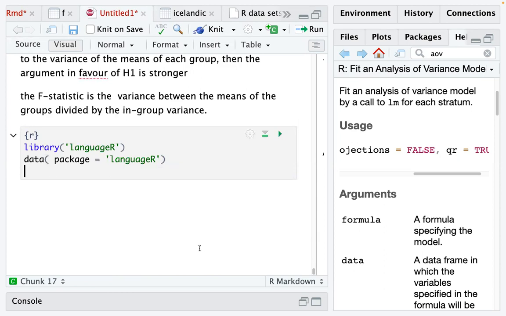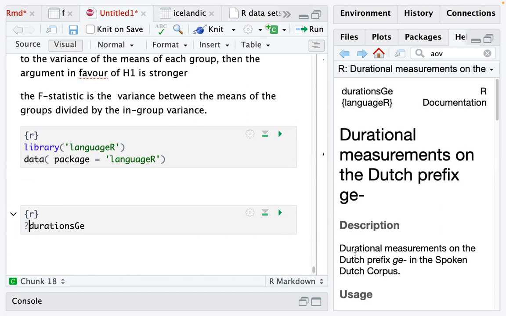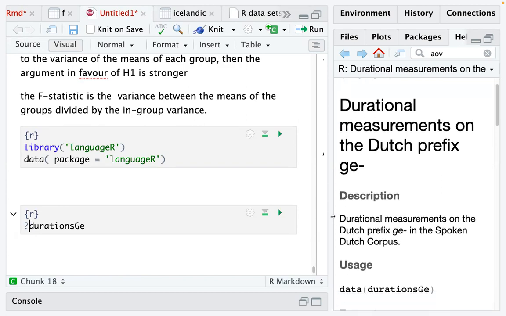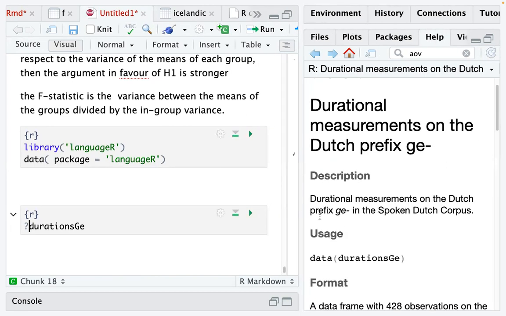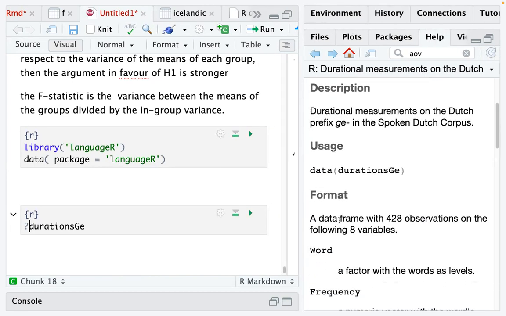Moreover, each dataset in this package has its own explanation. So the durational measurements on the Dutch prefix J or G, I don't know.